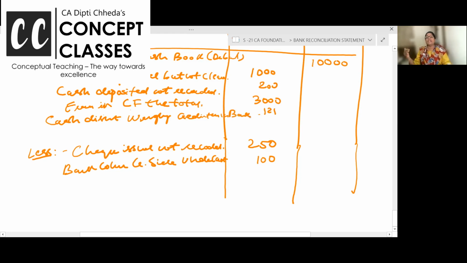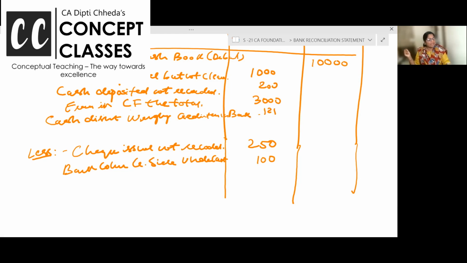By mistake you have credited the bank column, whereas if it is a discount allowed, it should be credited in the discount allowed column. So now you should debit 121.